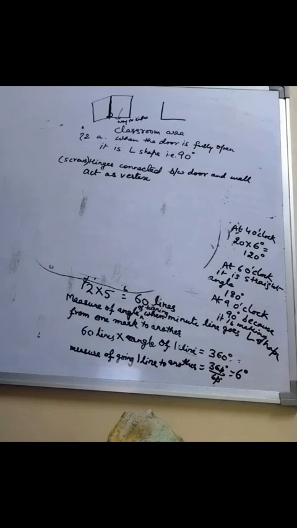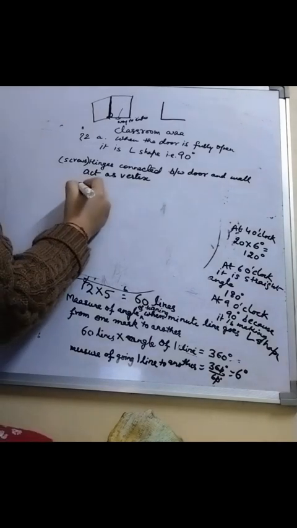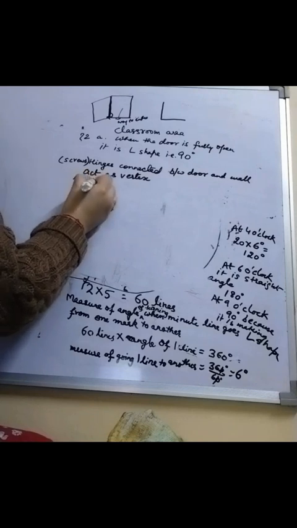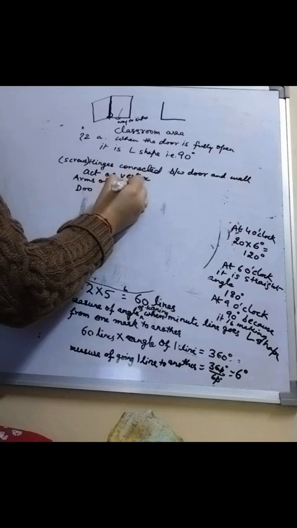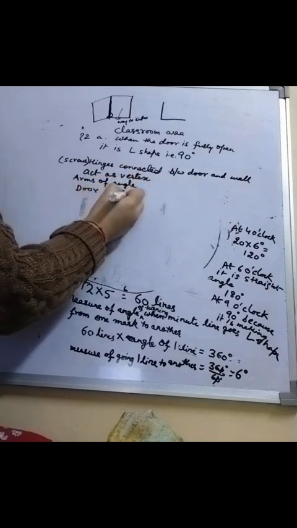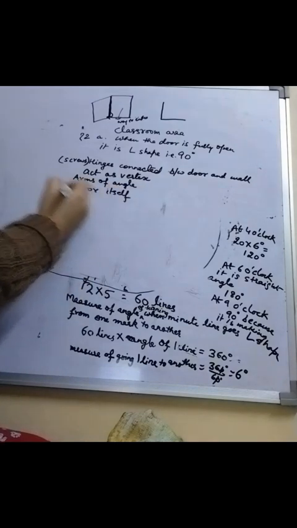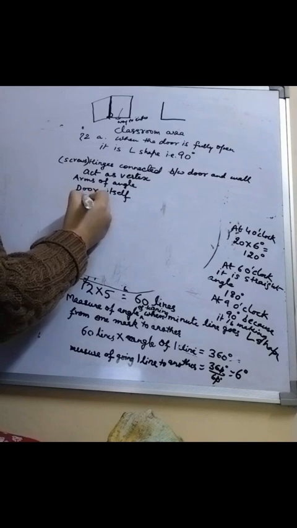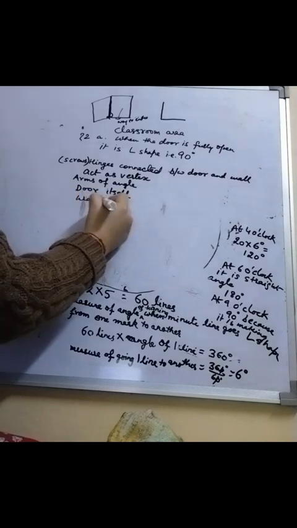See it in your classroom area. And what will be the arm of the angle? So one arm is door itself, and the other would be the way to come in or go out.